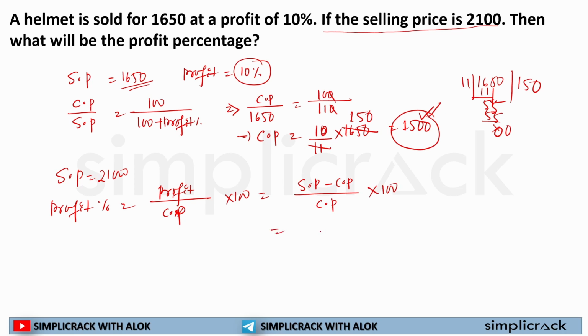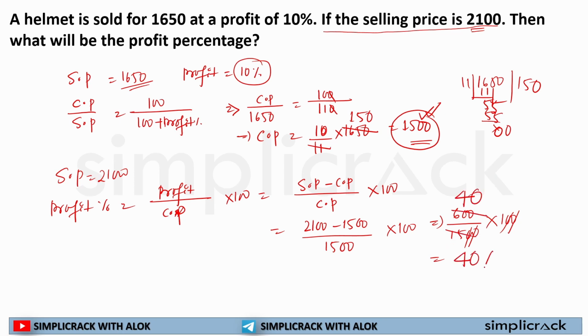Sales price is 2100, because it is saying you are selling it at 2100, minus your cost price of 1500, divided by the cost price 1500, multiplied by 100. So 2100 minus 1500 is equal to 600 divided by 1500 multiplied by 100. The zeros will cross out. So if I divide 600 by 15, 15 4s are 60, 0 will be there. So profit percentage is 40%.